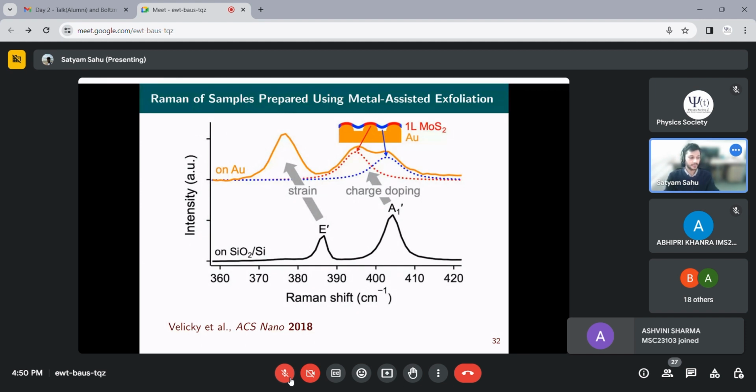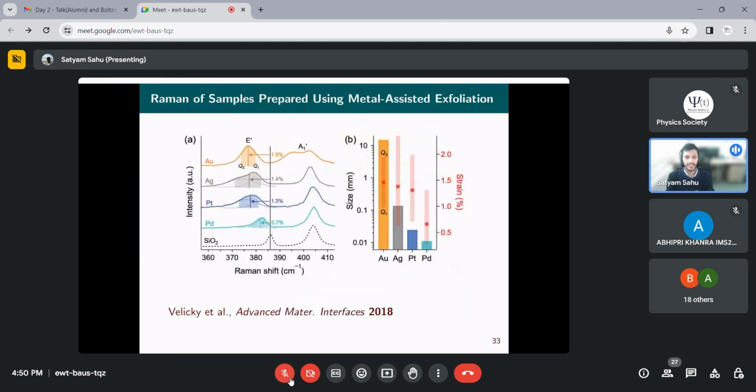Then we compare it for different metals. As can be seen, the dashed line is for silicon and silicon oxide, and for different metals we see how the strain peaks are changing. We observed that for palladium it was about 0.7% strain, whereas for gold the strain increased up to 1.5%.